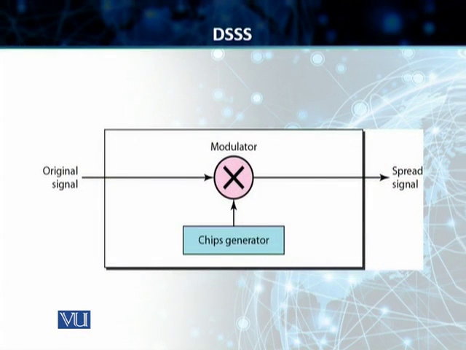Now, students, as you can see in the slide, we have a chip generator. The chip generator is generating a code of n bits, and this code is called chips. As I told you, in DSSS, we replace each data bit from the original signal with this code of n bits, which we also call the spreading code.